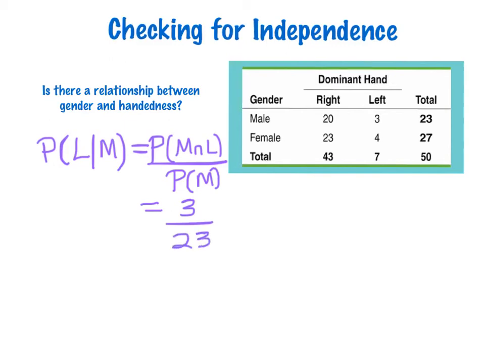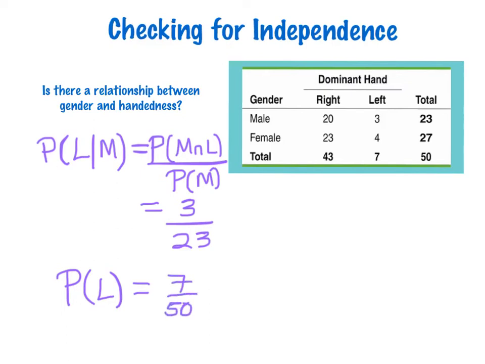If I compare that to the unconditional probability of just being left-handed, not considering gender at all, then there are 7 left-handed people out of 50 people. So that probability is 7 out of 50.